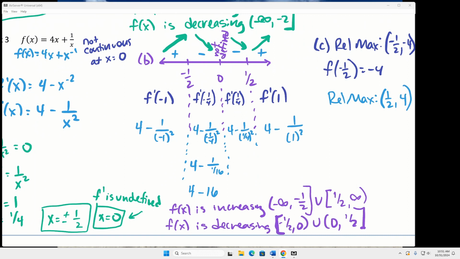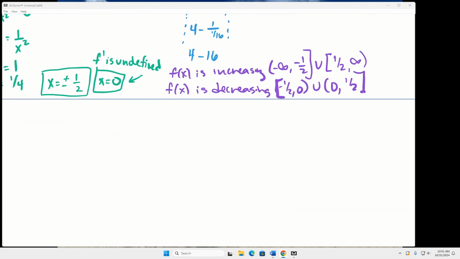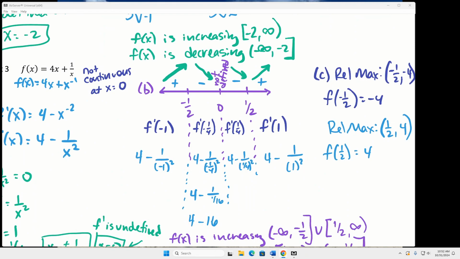Now this always messes with people's heads, because the relative max is higher than the relative minimum. And that happens. This function is a rational function, but what happens is the relative max just means it's higher than the points around it. It's not the highest. Wait, which one's the max again? The lighter blue or the darker blue? Oh, I wrote max twice. Sorry. Oh, it's up. This one is the min.